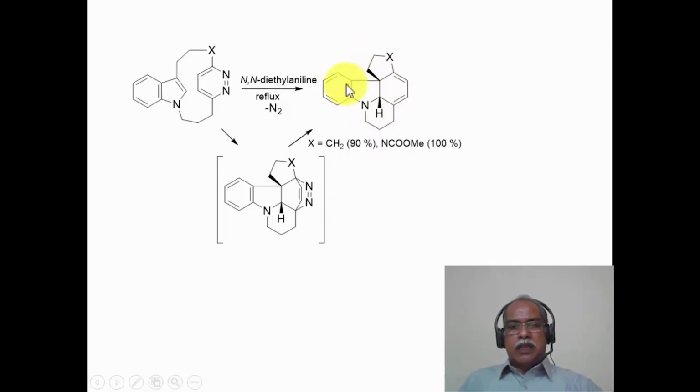This is a structural scaffold of strychnine, which is a naturally available alkaloid molecule. So the strychnine scaffold is synthesized using the intramolecular Diels Alder reaction between this diene and this dienophile. The reaction is carried out at high temperature in N,N-diethylaniline, refluxing N,N-diethylaniline at more than 150 degrees or so during the course of this reaction.